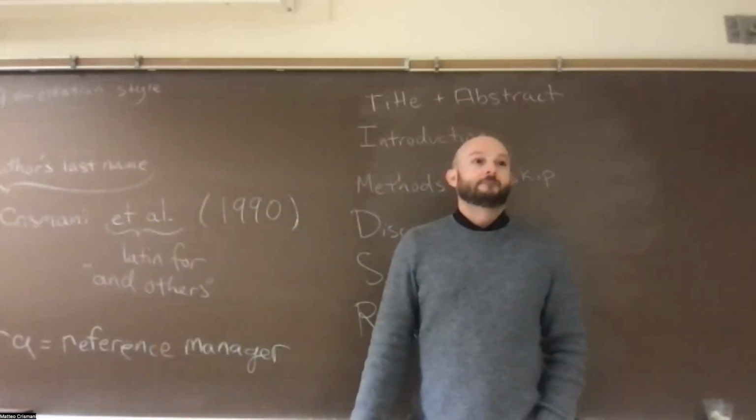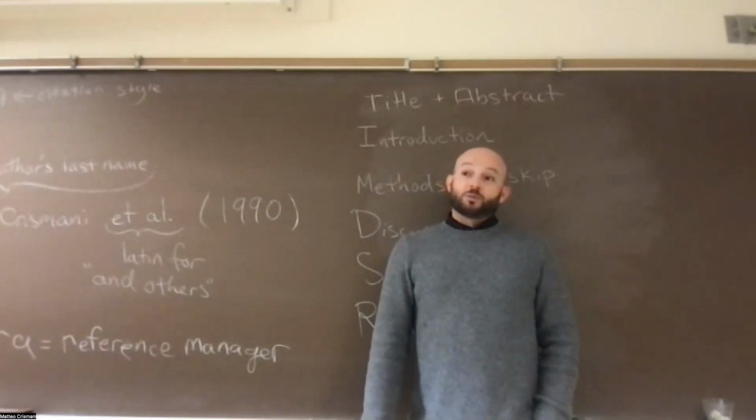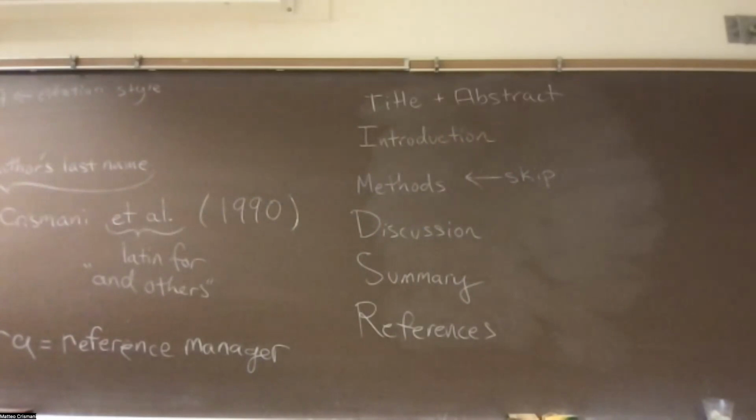Good. Okay. So the way that we distinguish multiple papers is that if we have more than one paper with the same single first author, for example Grismani et al, Grismani et al, Grismani et al, since you don't know who the rest of those et als are, you would write 2018A in parentheses.